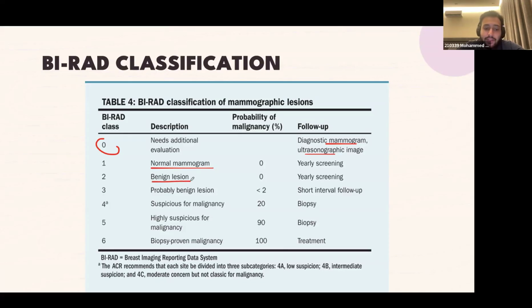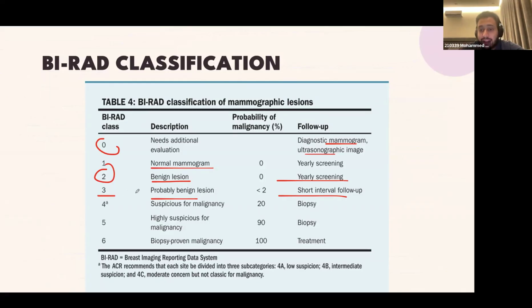If they have a benign lesion such as a fibroadenoma or fat necrosis, they're normal. This is BI-RADS 2, benign lesion. If it's probably benign and you don't really know, it might have some bad features, then you want to see them a bit earlier. For example, if they have calcifications that are not really microcalcification, or an oval mass, then you want to do screening more frequently.